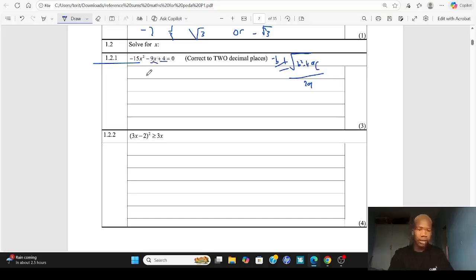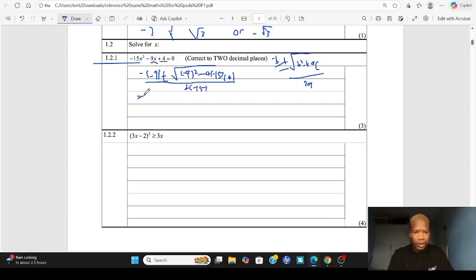So let us proceed to substitute into our formula. It's minus minus 9, plus or minus the square root of minus 9 squared minus 4 times the values, all divided by 2 times the value of a.